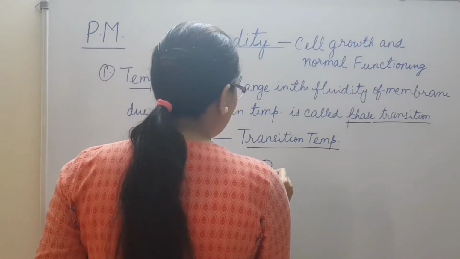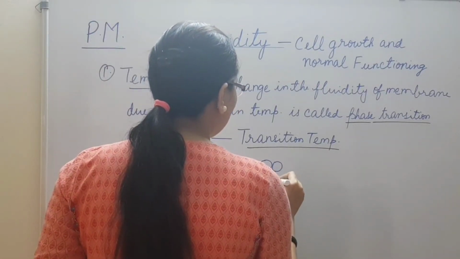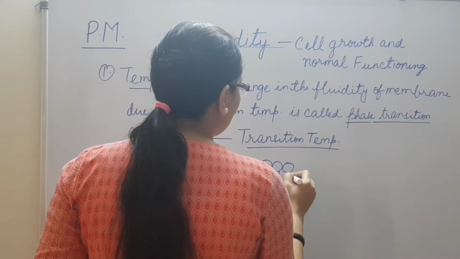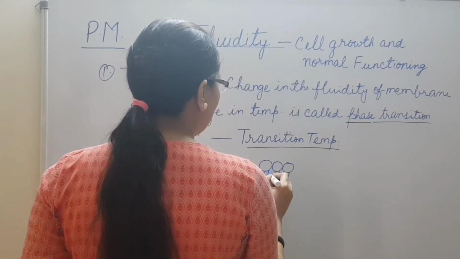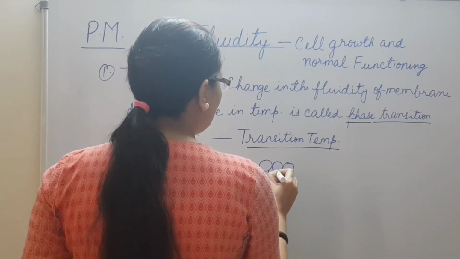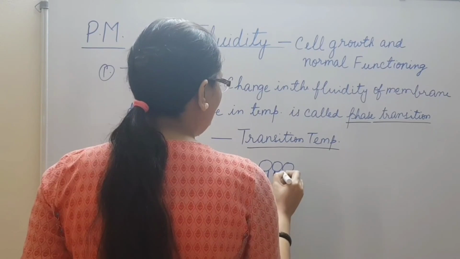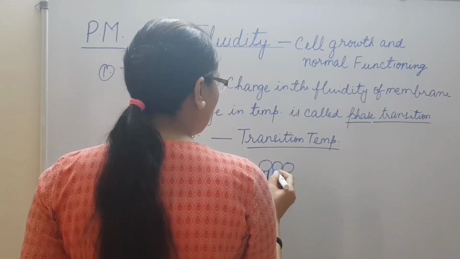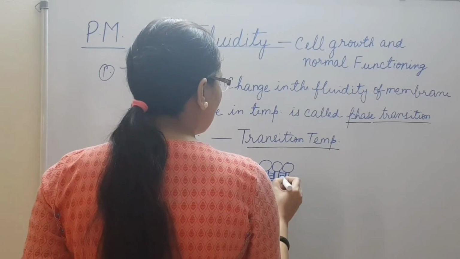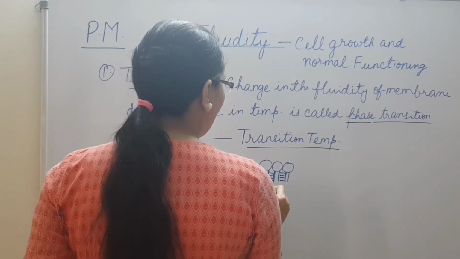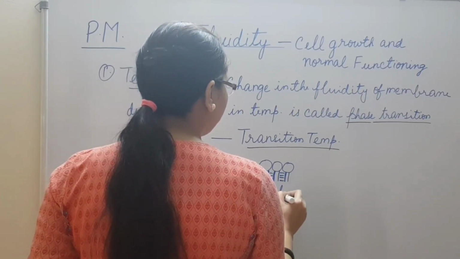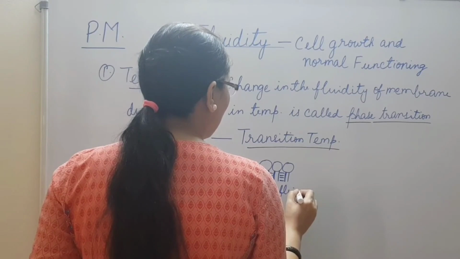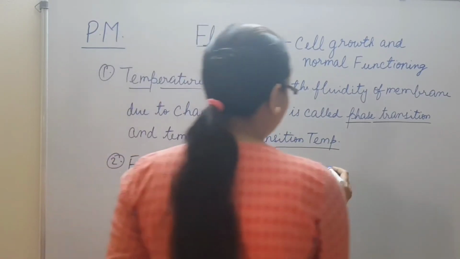If the fatty acid chain length in the phospholipid is less, that means if the fatty acid chain length is short, then the surface area for interaction is less, and hence there will be lesser van der Waals force of interaction. So it will be more fluid because they are less tightly packed.